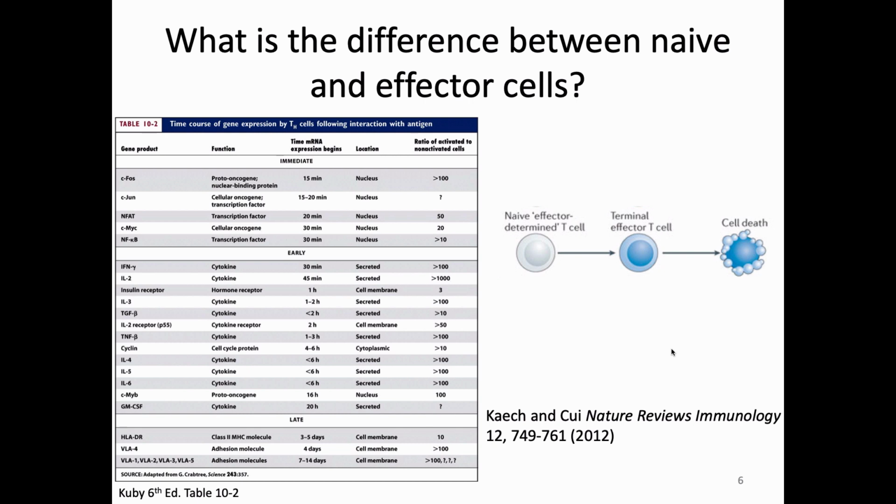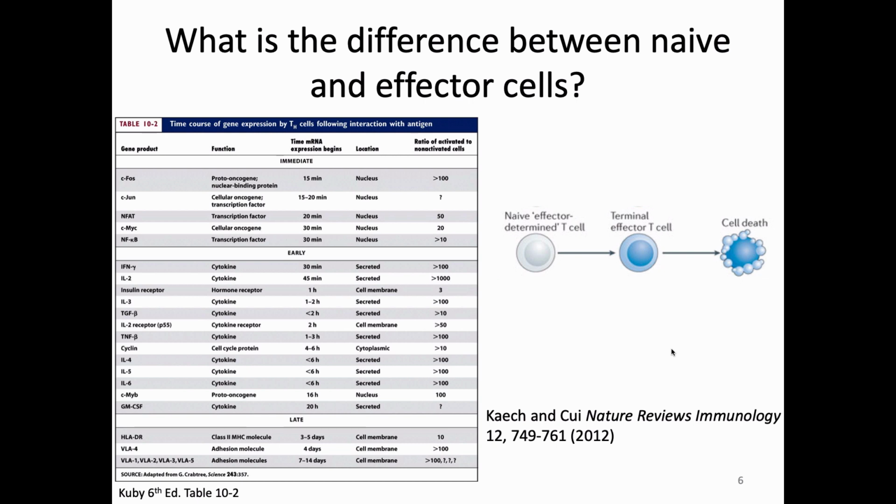If you look at naive cells compared with effector cells, effector cells have 100 times as much FOS as naive cells. So when they are in the periphery, potentially getting activated, that activation is going to be really easy and really strong. Similarly, you can see they have 50 times more NFAT.